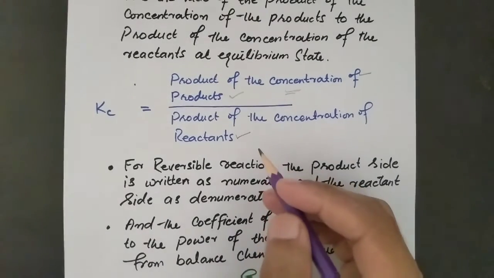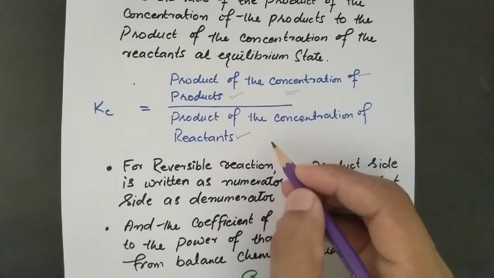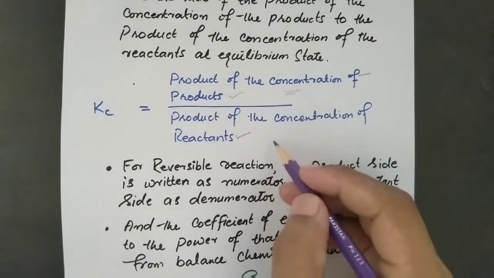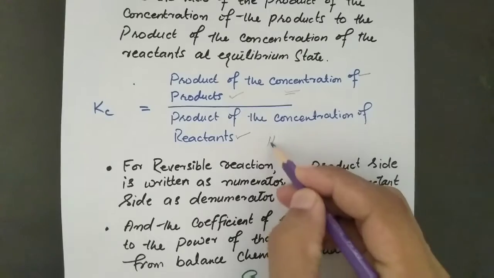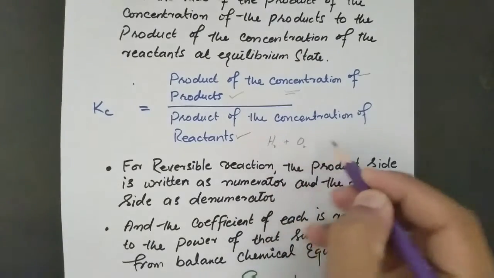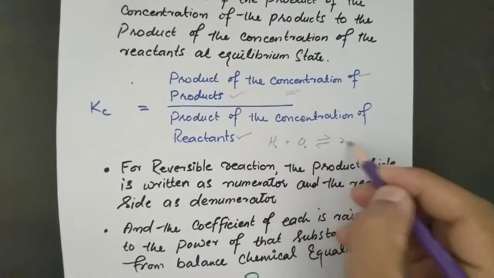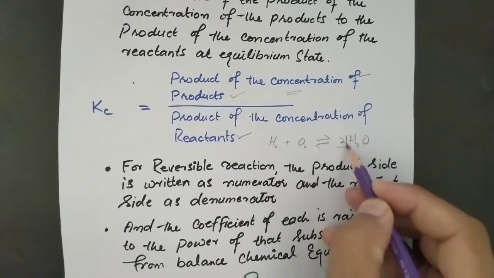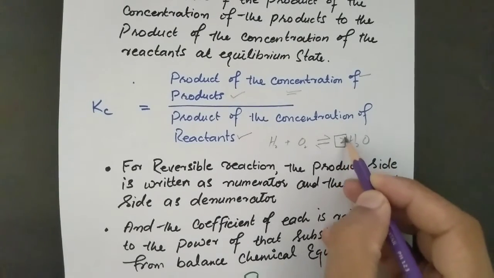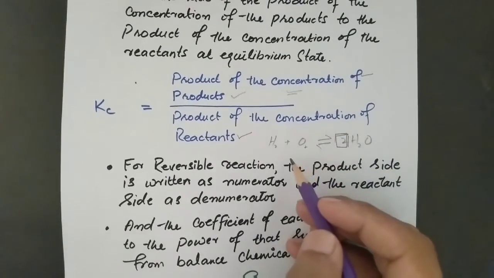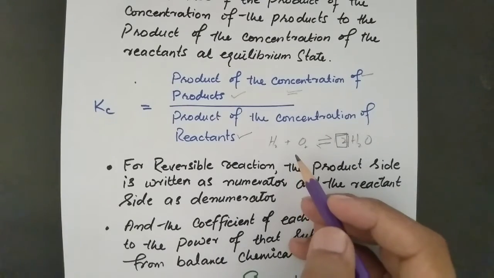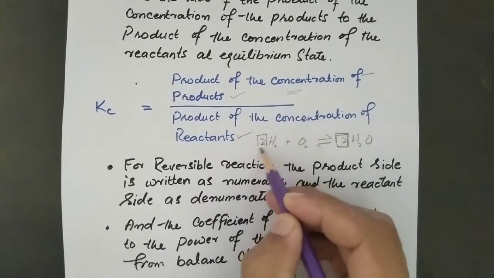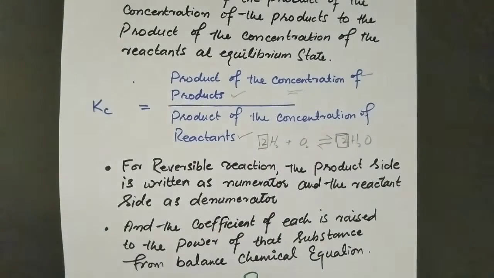We have discussed that in detail in our previous lectures. For example, we have a chemical reaction, H2 plus O2 in a reversible reaction to form H2O. The coefficient which is used to balance the equation is used as a power in the Kc expression.